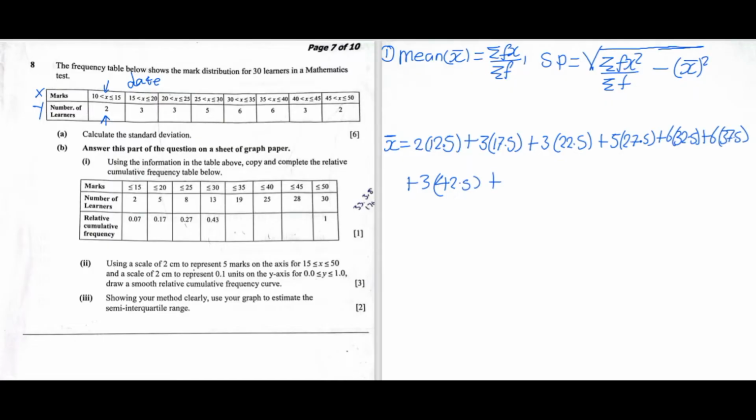Plus the last one is just 2, so 2 times 45 plus 50 is 95 divided by 2, 47.5. So this is what you do. Then divided by the total frequency: 2 plus 3 plus 3 plus 5 plus 6 plus 6 plus 3 plus 2.